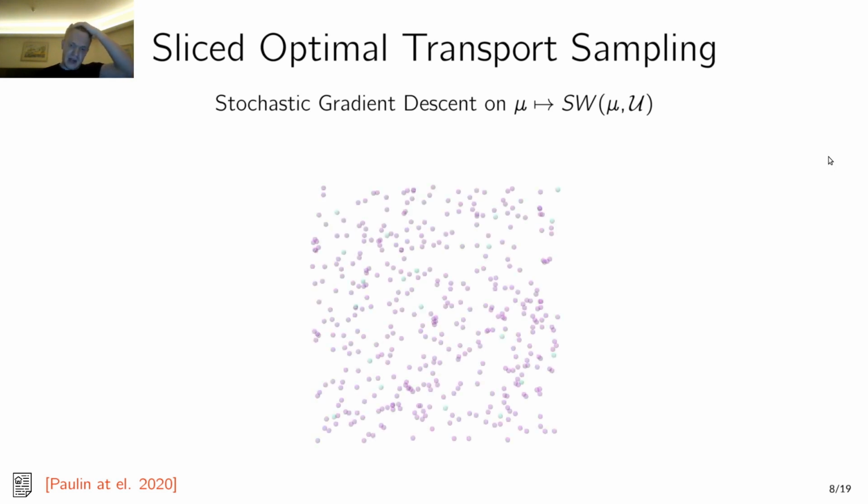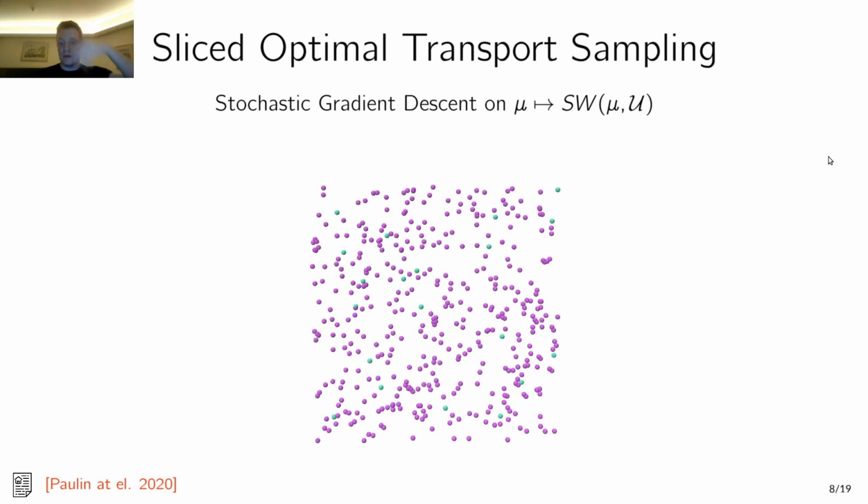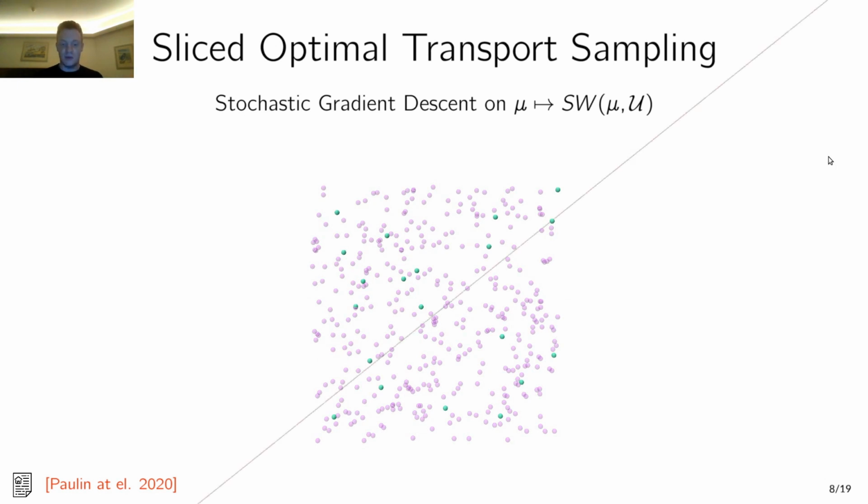And now, when you have your 2 point clouds, as in the sliced optimal transport problem, you can simply project your points along that slice, solve the optimal assignment problem, and then instead of simply computing the Wasserstein distance, you can store for each point one gradient along that slice. Okay, and then you can repeat that process many times.